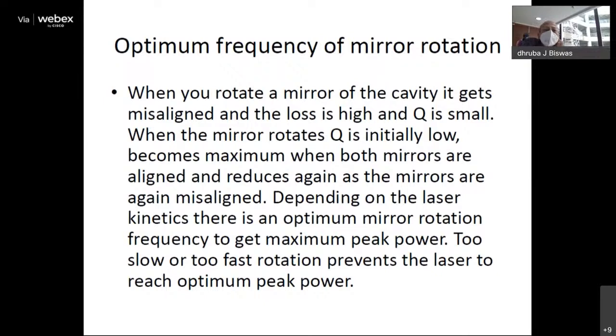When you rotate a mirror, most of the time the two mirrors are not aligned, so the Q is very low. When the mirrors come into alignment, Q becomes very high. But this is a mechanical switch, and it has a certain way of changing the Q. Every laser has a certain kinetic time, which depends on the gas mixture, pressure and temperature.